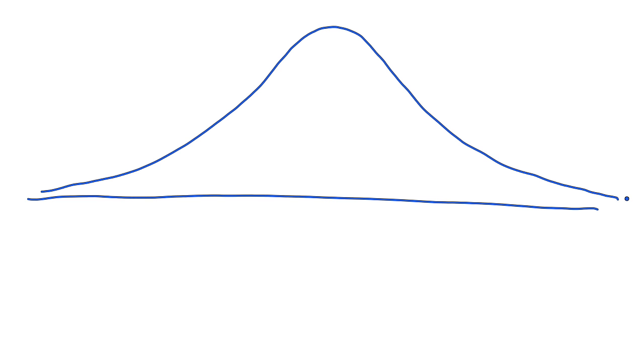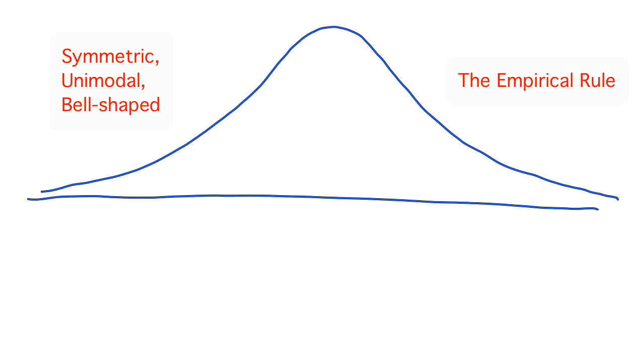Unimodal and symmetric distributions of data, with histograms that have roughly a bell shape, are very common for a reason that we'll see in coming lectures, and are very important in work that we'll be doing later in the course. For data with this shape, the standard deviation is an important measure of spread or variability. The empirical rule tells us how the frequency of data values is related to the standard deviation.